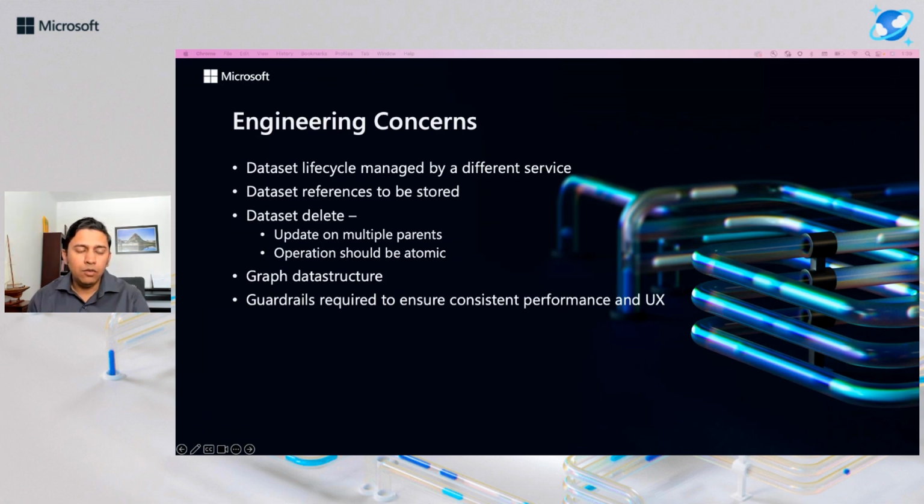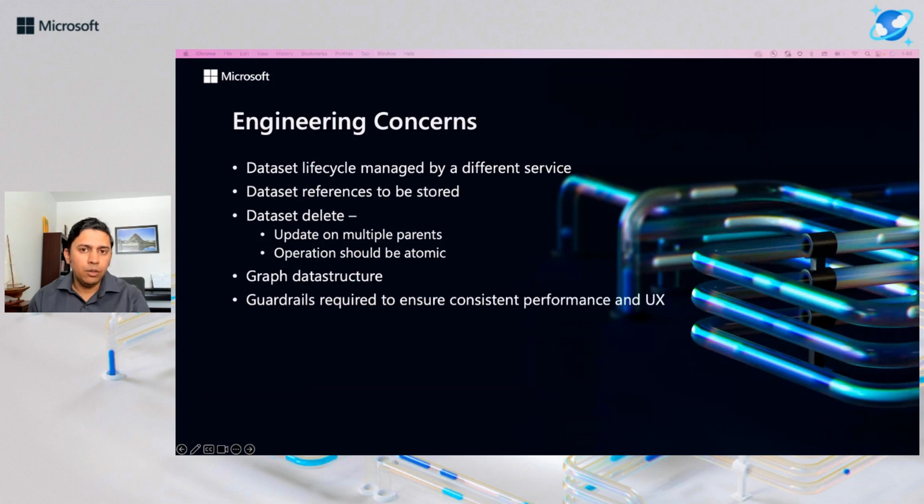As a result, we made a design choice to store dataset references in data groups. This presented a very unique problem. As you saw earlier, a dataset can belong to multiple data groups. As a result, when a dataset is deleted, we need to perform multiple updates to remove all of these references from data groups.